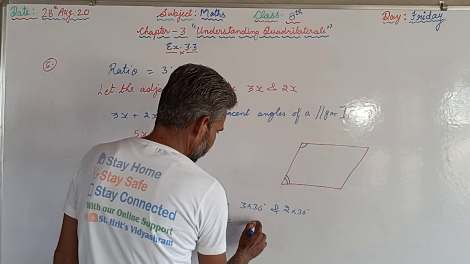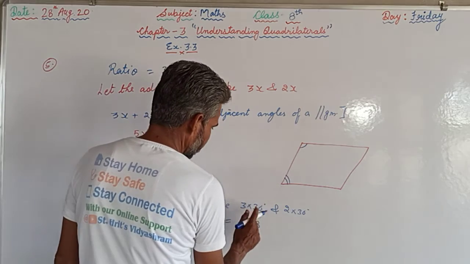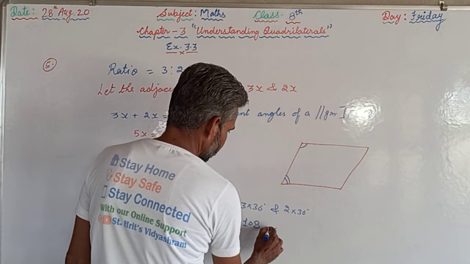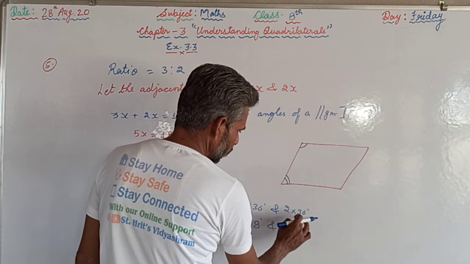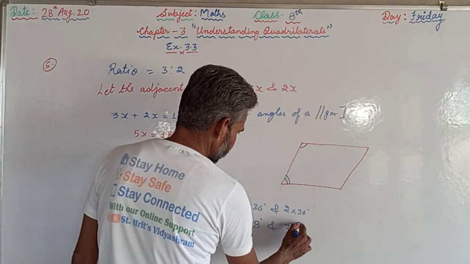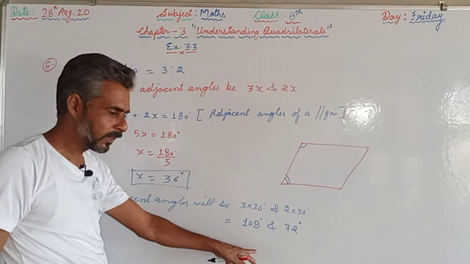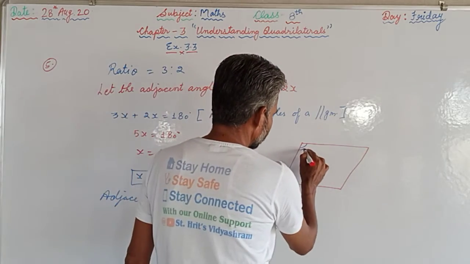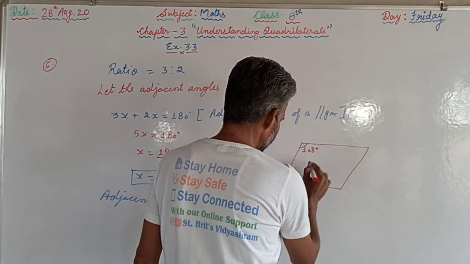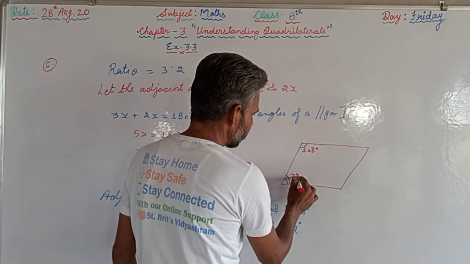That gives 108 and 72. The sum of the adjacent angles should be 180, and 108 plus 72 is 180. So this will be 108 degrees and that should be 72 degrees.